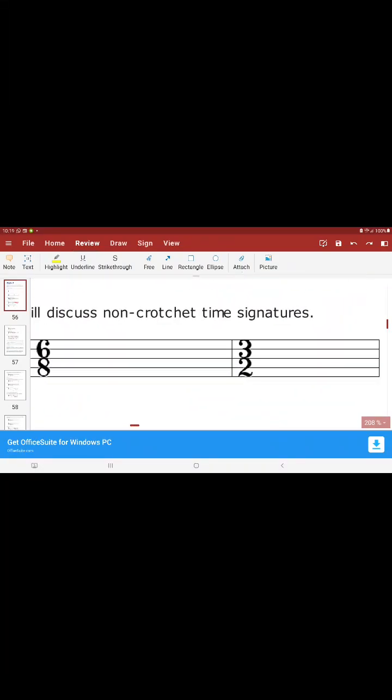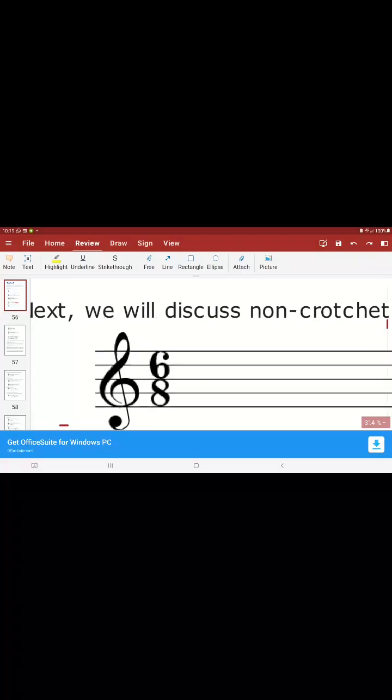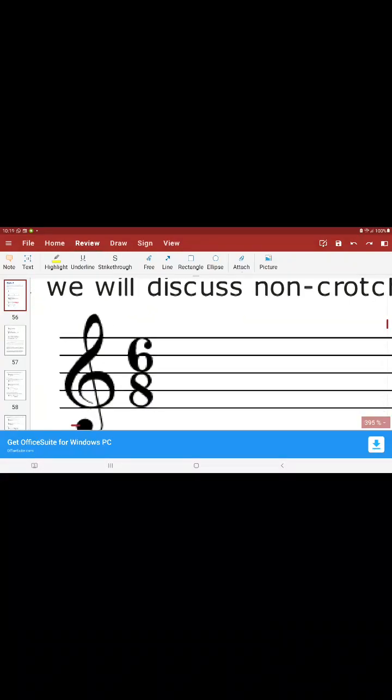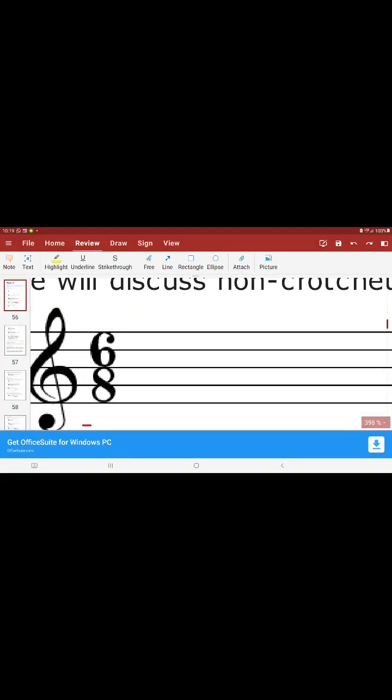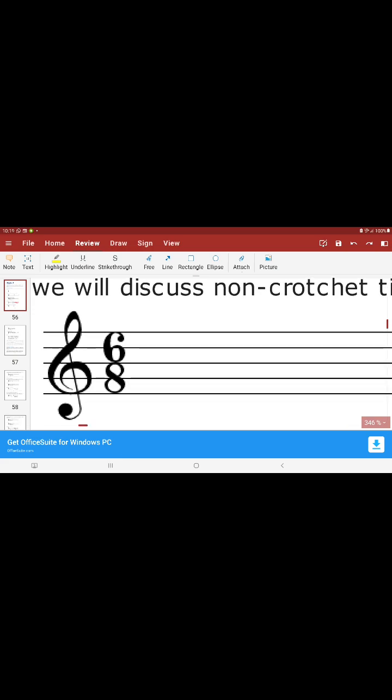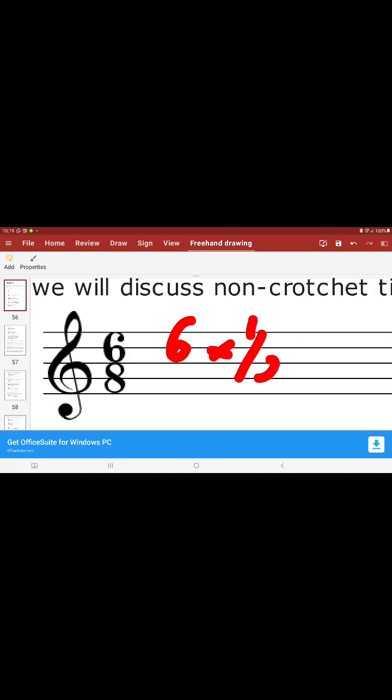So we also have 6/8. 6/8 means 6 eighth notes in a bar. That is 6 quavers in a bar.